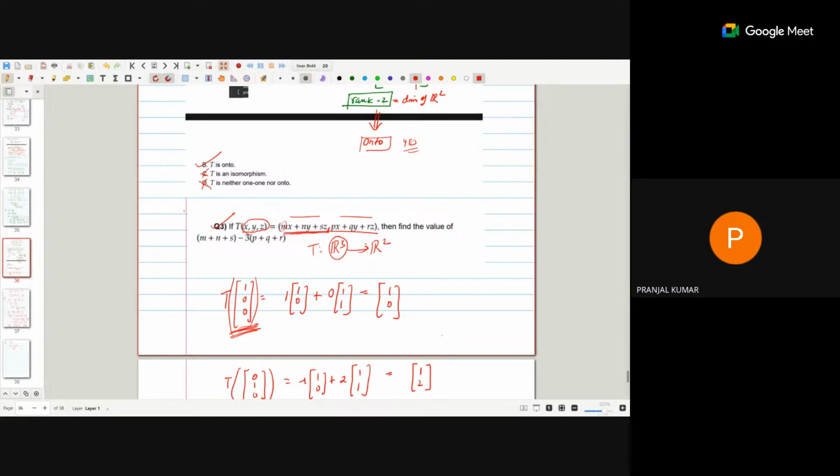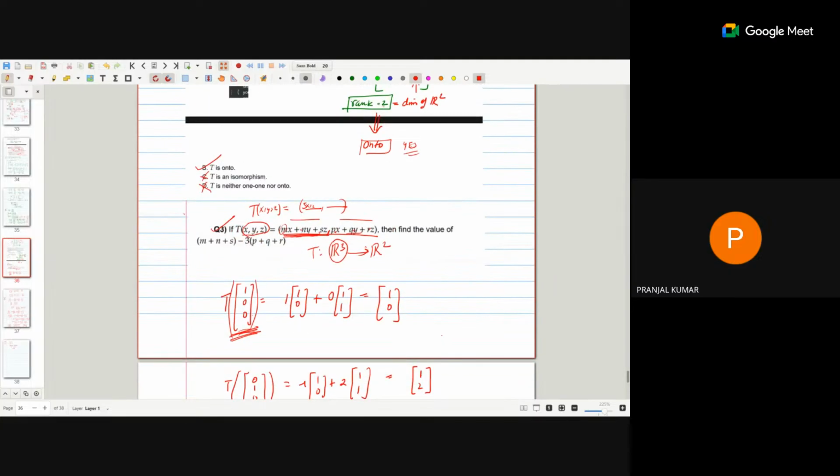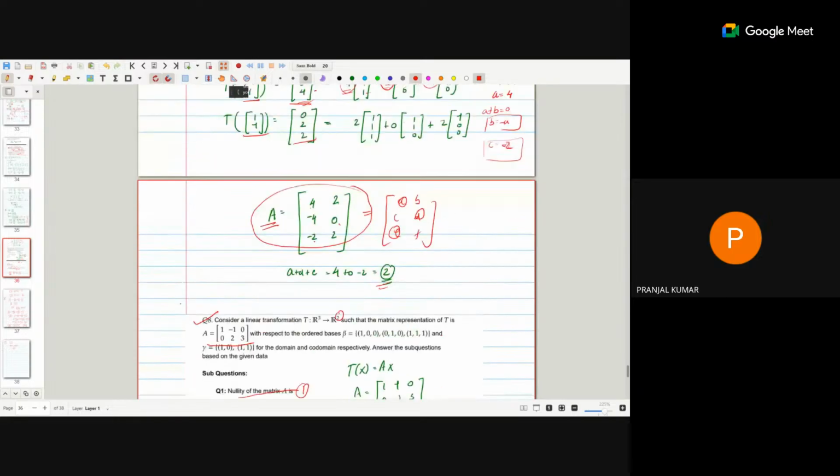What it is saying is, you find the linear transformation definition. It will come out to be something with 5x plus, and then you equate these terms here. Then you will get m, n, s, p, q, r, all the values.